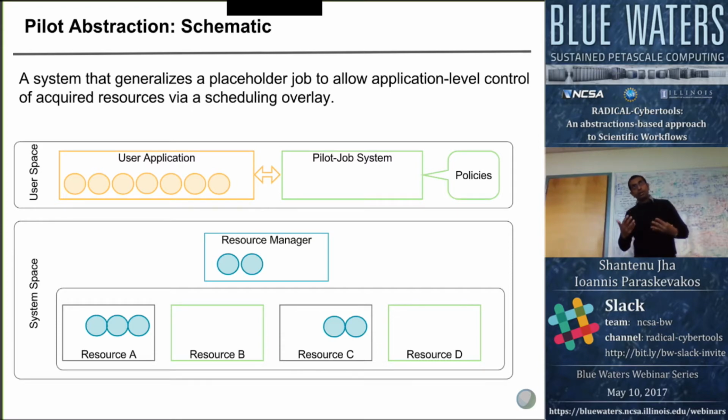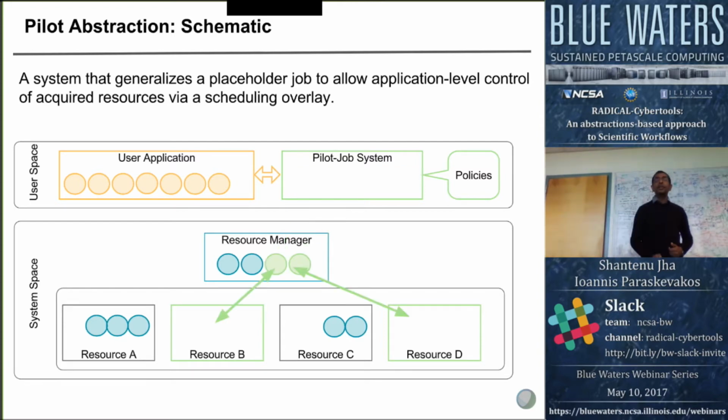So before the concept of pilots was pervasive, the traditional way was to take a task and submit it directly to a queuing system. Here we no longer take individual tasks and submit them directly to a queuing system. We now first submit a pilot job, which is really a container job independent of any specific workload. And that pilot job, through a possible series of multi-level resource managers, lands eventually on a resource.